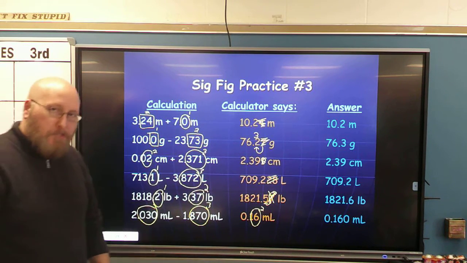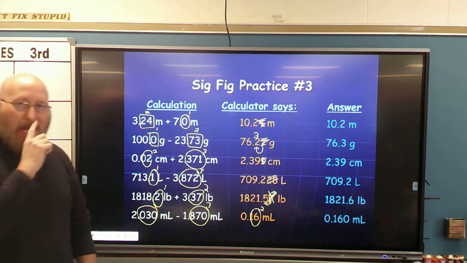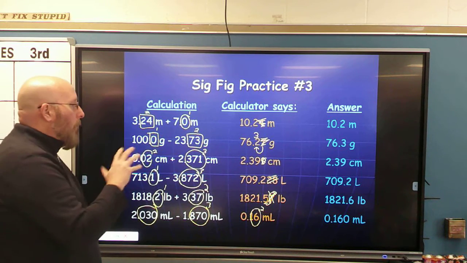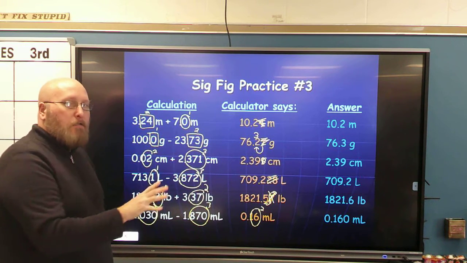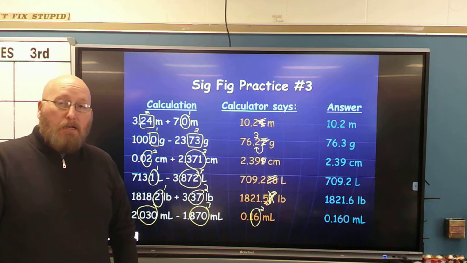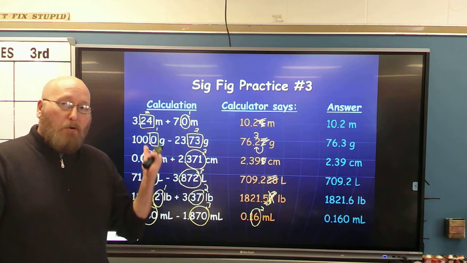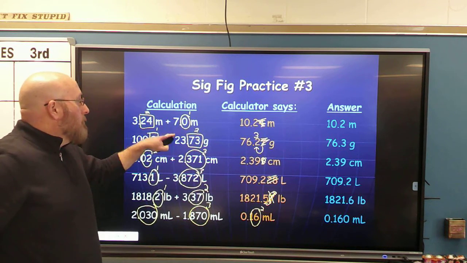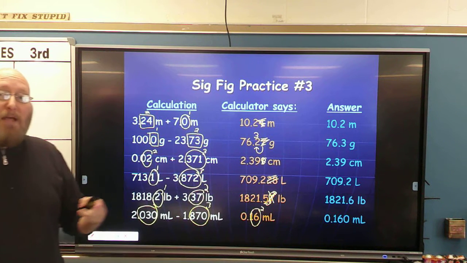So I hope this shows you exactly what we're doing as far as significant figures: multiplying, dividing, adding, subtracting. Now what I want you to do is work on the practice papers I gave you, the second part about significant figures and multiplying and dividing.